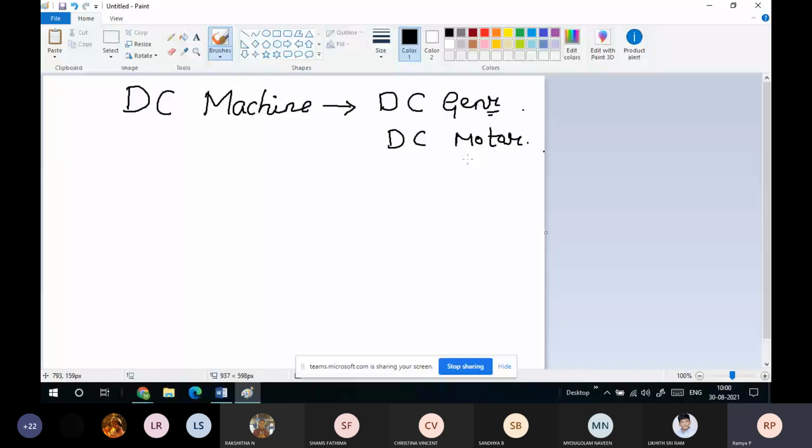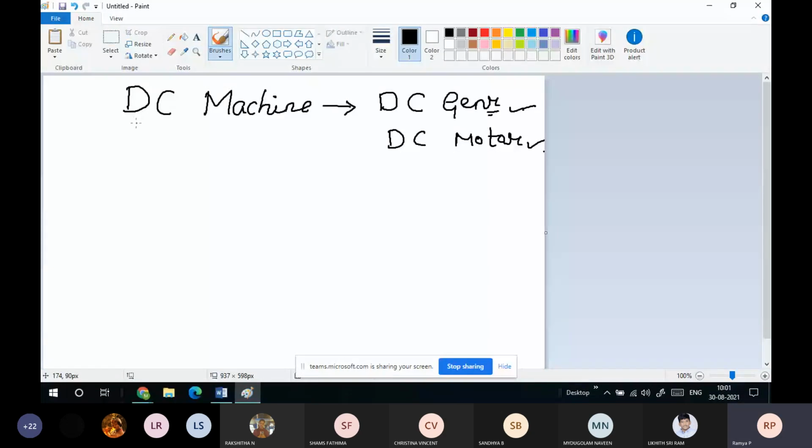Both the generator and the motor work on this principle. Before starting with the principle, you should understand what you mean by a DC machine, and when it is said to be a DC generator and when it is said to be a DC motor. Okay, coming to the first thing.